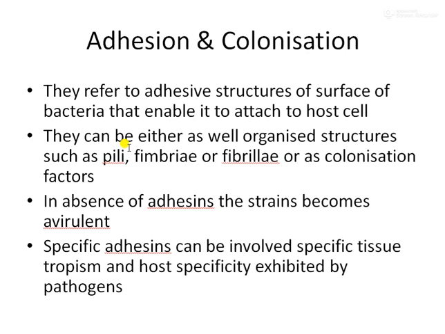And you can see that certain specific adhesion molecules might be involved when the bacteria show a particular tropism to a tissue, that is, a specific attachment of a bacterium to a tissue might sometimes involve specific adhesins. And host specificity is also exhibited by certain specific adhesins. Now, what are these adhesion molecules?